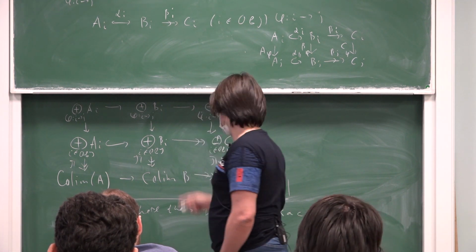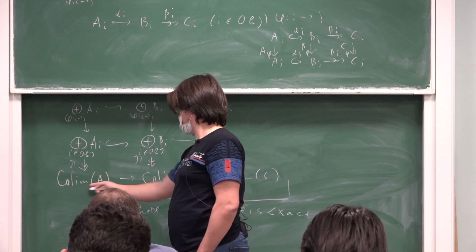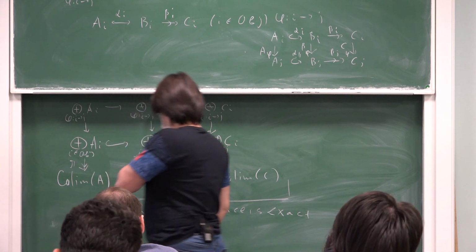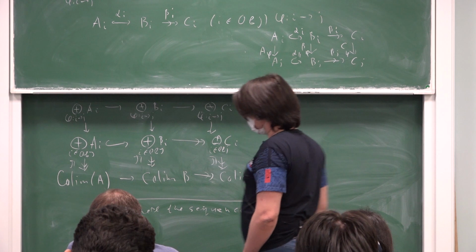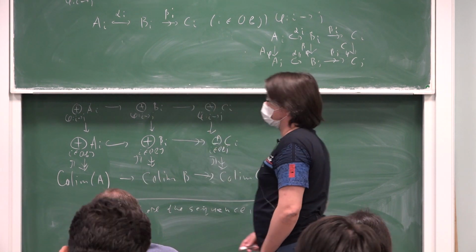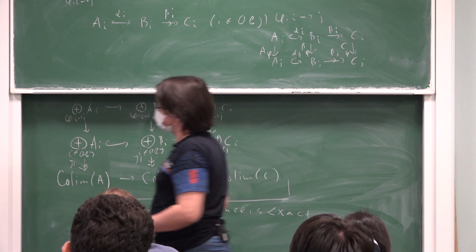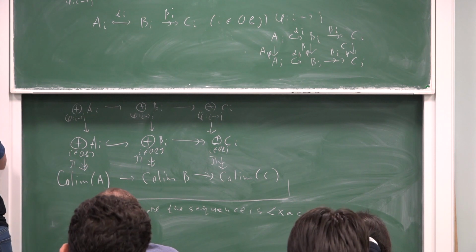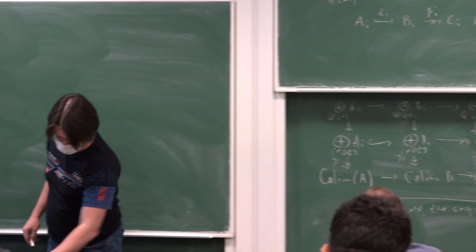So here you have an epimorphism, and here the kernel is equal to the image. In general, you don't have a monomorphism here, of course, but our aim is to prove that for filtered colimits you have. And to prove this, we will need the following technical lemma.